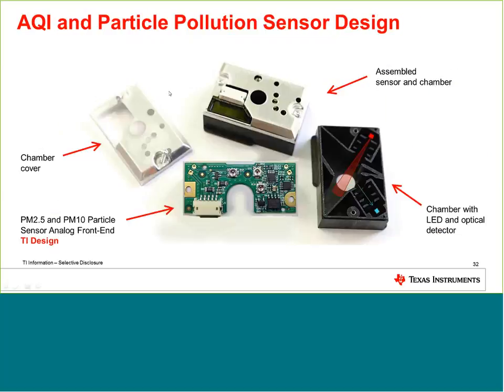So what we did is a TI design, which you can see in the middle, where we designed the analog front-end circuit that is going to detect these particles. On the right side, you can see the chamber where we have an LED diode, a red LED diode in this case, transmitting the light, and on the bottom right corner, we have a receiver, an optical detector that is going to receive the scattered light.